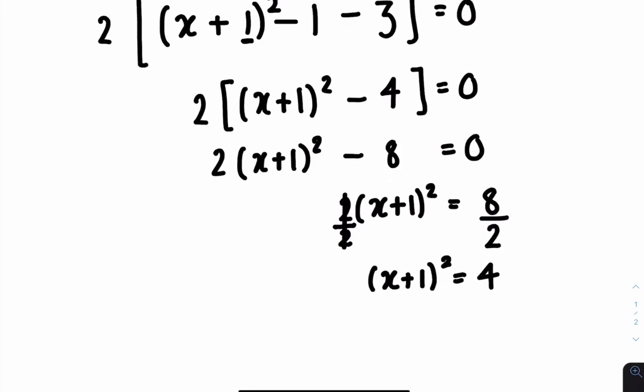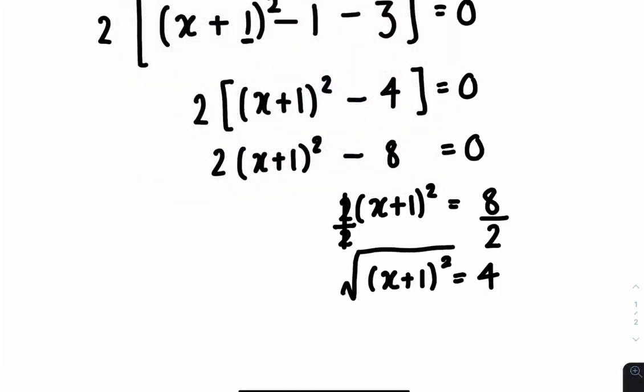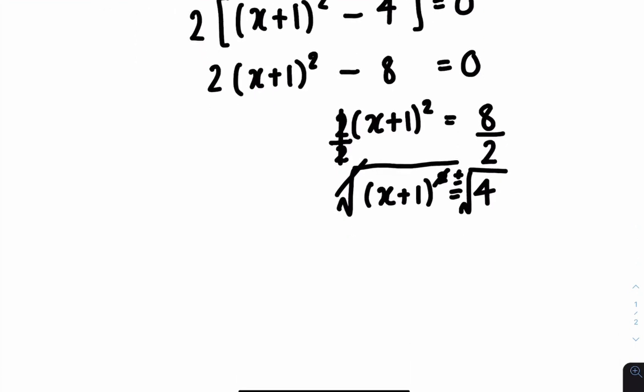And now that square is causing some problems, so we square root both sides. So this and this will cancel, and you have square root 4. But remember, it's plus minus, which I'll add in a second. So now we have x plus 1 equals plus minus. We know that square root 4 is just 2. And then move that plus 1 to the other side, and we have x equals minus 1 plus minus 2.